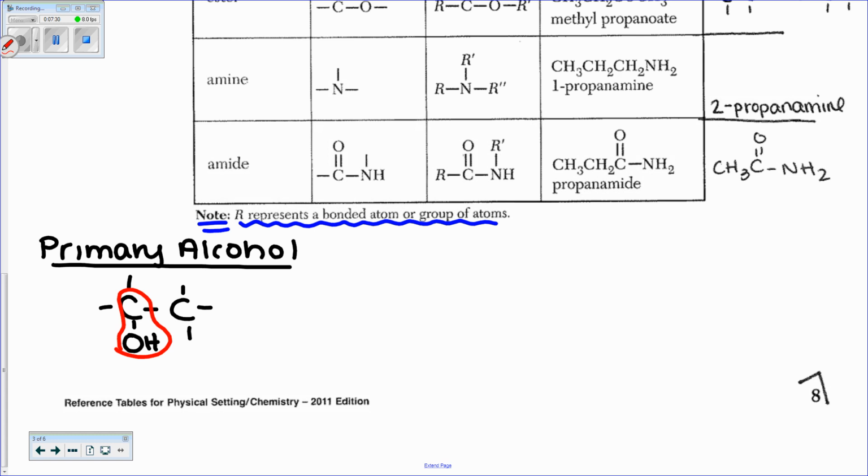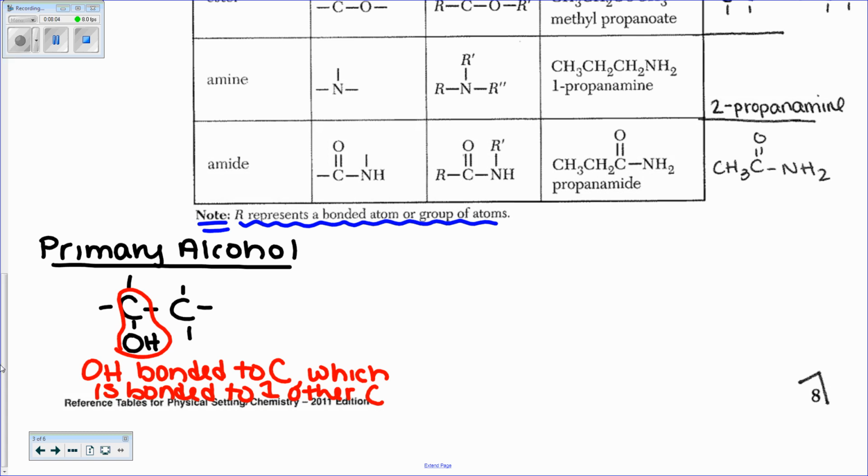The OH group is bonded to a C, but that C is bonded to one other C. So whenever my OH is bonded to a carbon that is touching only one other C, I call it a primary alcohol.